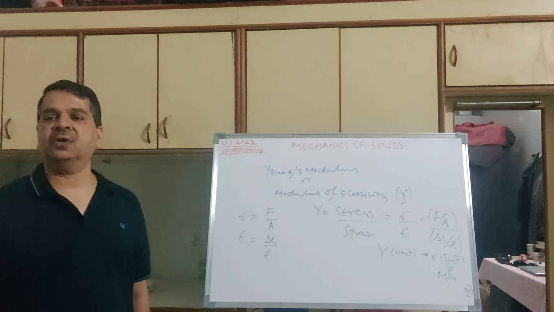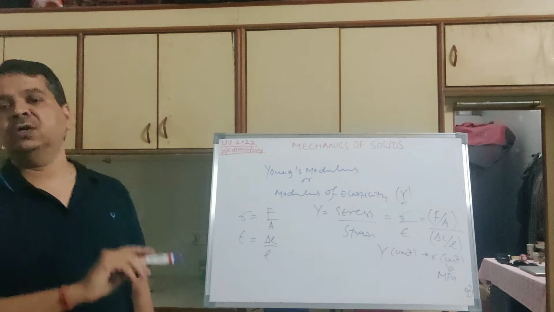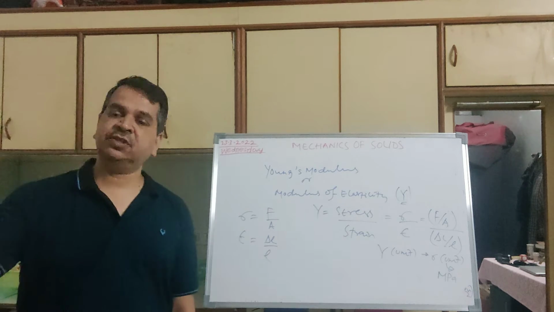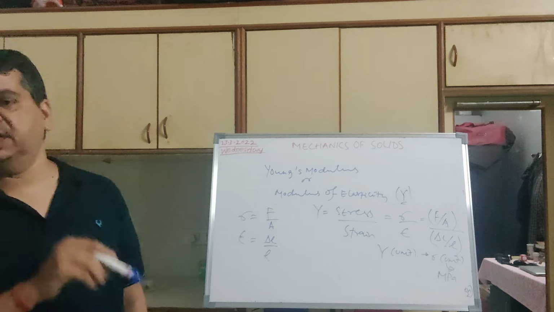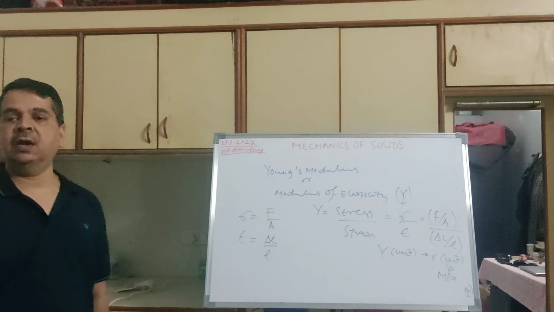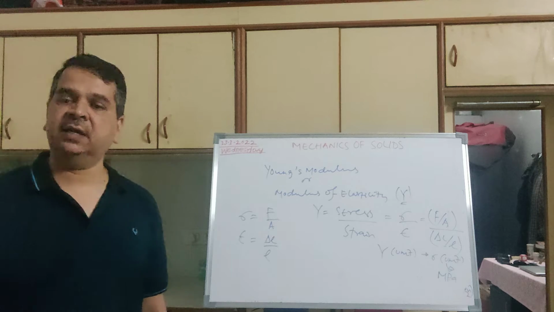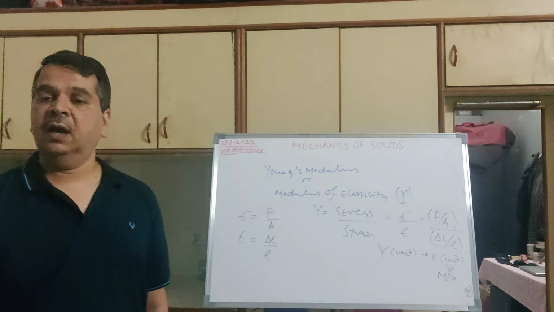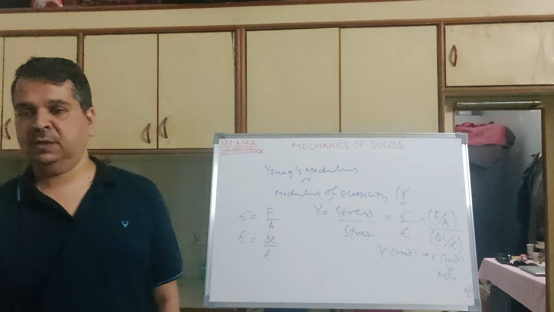Okay, more force, less deformation. That means steel is a stronger material; its Young's modulus will be high. Aluminium is a softer material; its Young's modulus will be less. Because for an aluminium rod, you will apply less force and get more deformation.